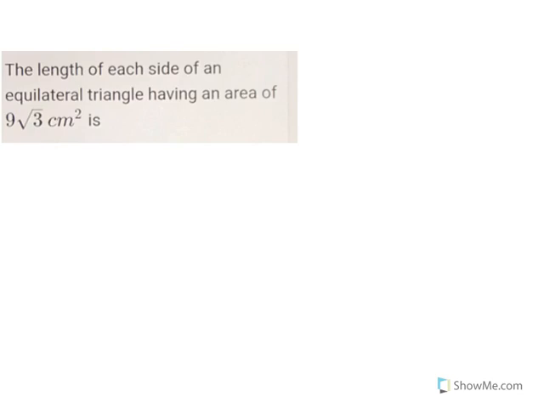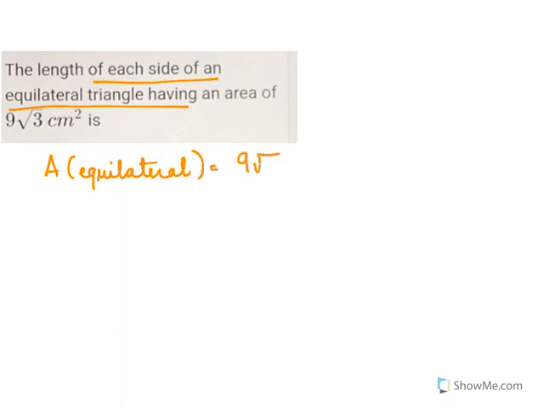The length of each side of an equilateral triangle having an area 9 root 3 centimeter square is. So here it's given the area of an equilateral triangle equal to 9 root 3 centimeter square.